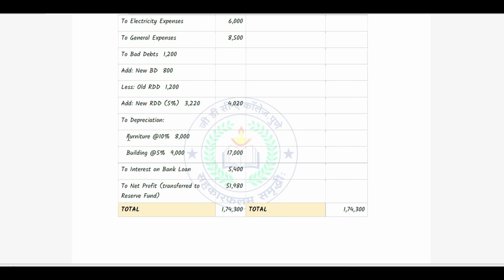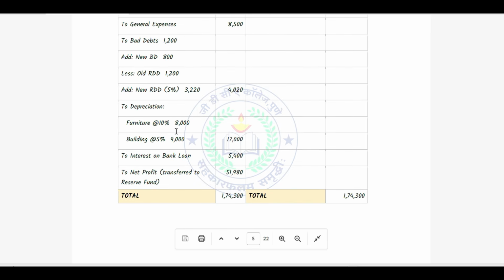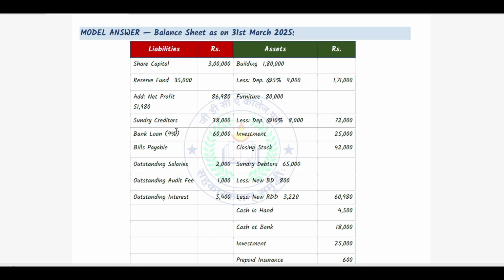To depreciation on furniture 10%, that is 8,000 rupees. Building at 5%, 9,000 rupees. Total coming 17,000 rupees. To interest on bank loan, that is 5,400 rupees. Then net profit transferred to reserve fund, it is 51,950 rupees. So the total is coming 1,74,300 rupees on the credit side, and on the debit side this is how it is going to be.